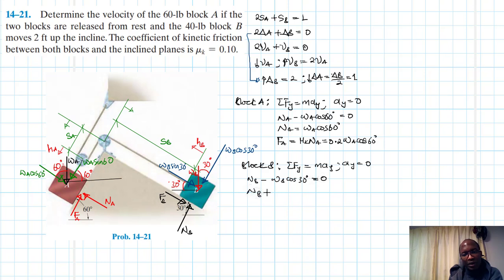Therefore our NB is just equal to WB cos 30, and therefore our FB is equal to mu K NB, which is equal to 0.1. Is it 0.1, right? Sorry, even here it is 0.1. Where did the 0.2 come from?